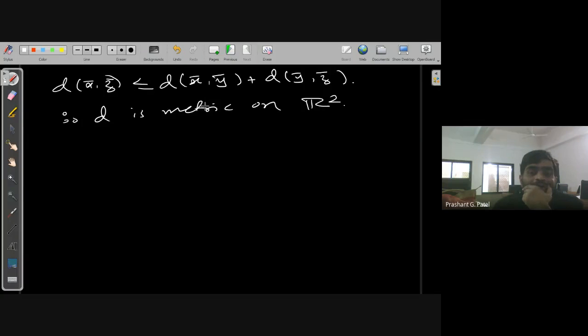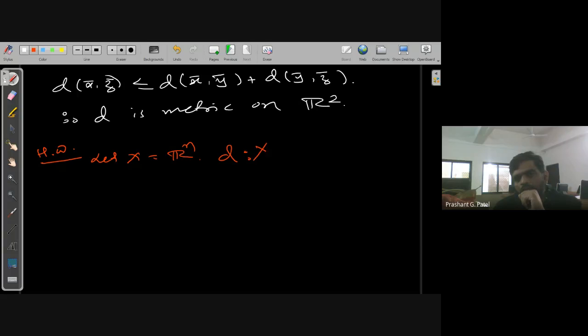And further, you can generalize this example. Can somebody tell me how we can generalize this example? Let X equal Rn.